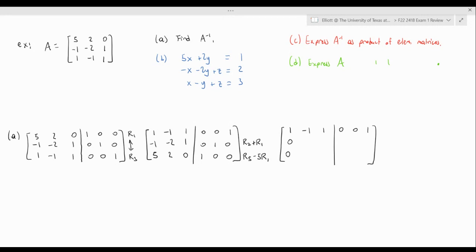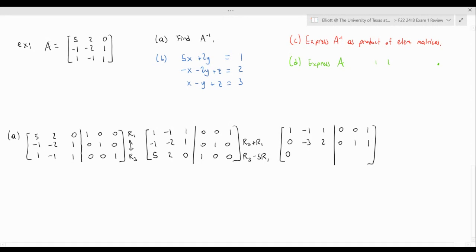Now continuing to add row 1 to row 2. So we're going to get -3, 2. And then on the other side, adding them, 0, 1, 1. This is row 3 minus 5 row 1.